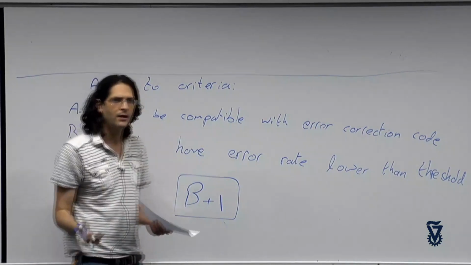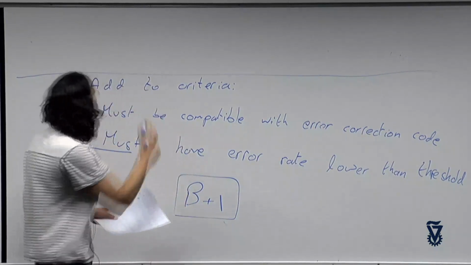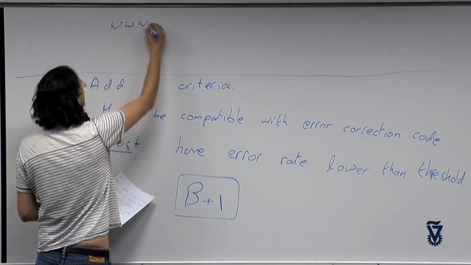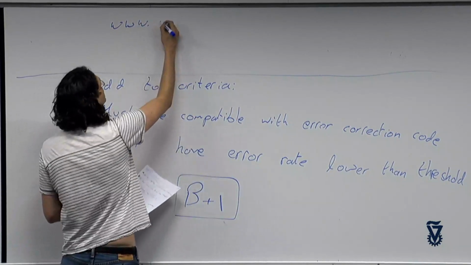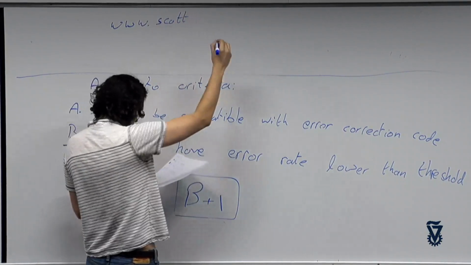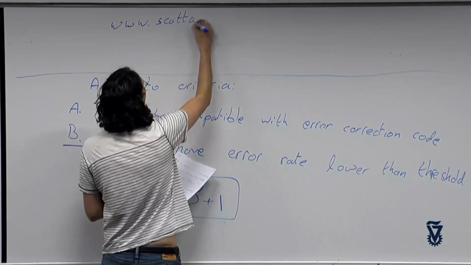He's a great communicator, and he explains things nicely. So for those who asked about quantum supremacy and want details about what went on there, I'll write the website of his blog.